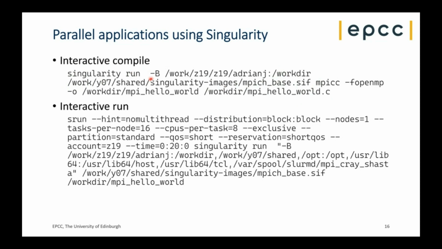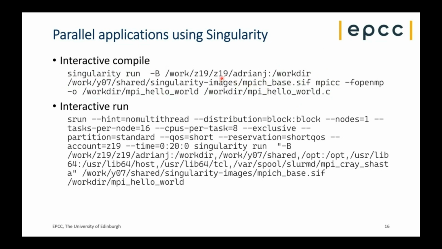But here I'm doing a compilation where I'm running Singularity, but I'm calling the compiler from inside this image to actually compile an application for me. And so instead of using the compilers we have on the login nodes that are provided by Cray, we're actually using a compiler from inside this image, our own special compiler.